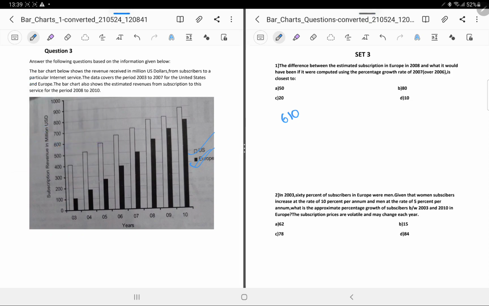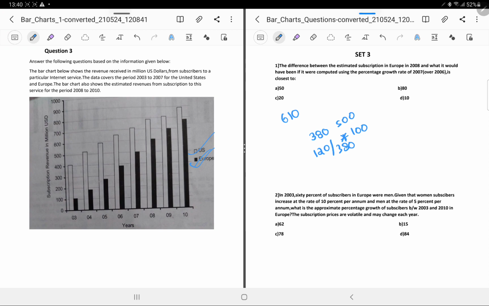Then, what would it have been if computed using the percentage growth rate of 2007 over 2006? In 2006 it was say 380, and in 2007 it was 500. So the growth was 120 over 380, into 100. This was the percentage growth that we had.